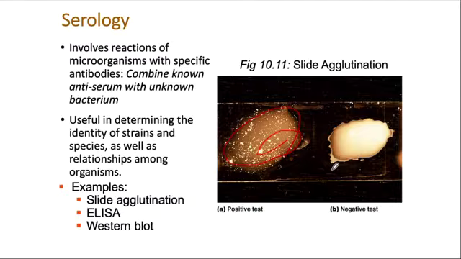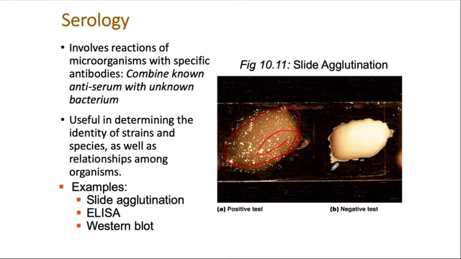And it's this principle that is used in slide agglutination. There's an example of it. ELISA and Western blots as well. You will do ELISA in the lab, and so you have more details on that. And in terms of Western blot, the principle is that proteins are separated by electrophoresis and then can be detected by their reactions with the antibodies.